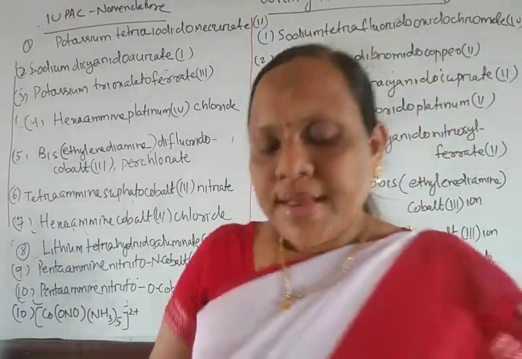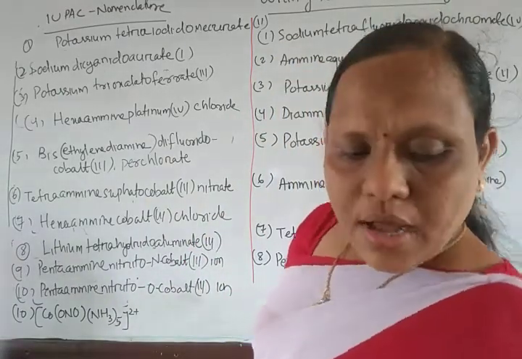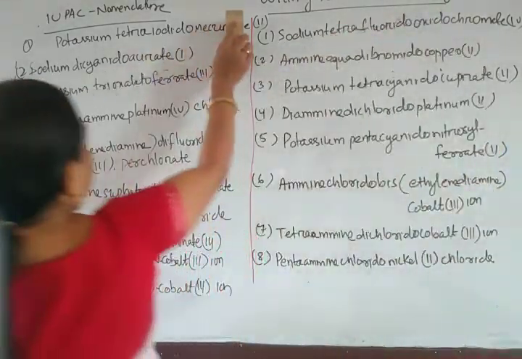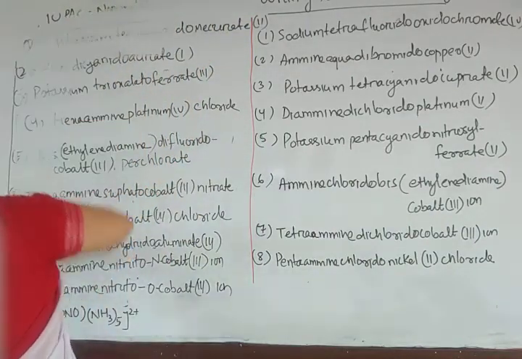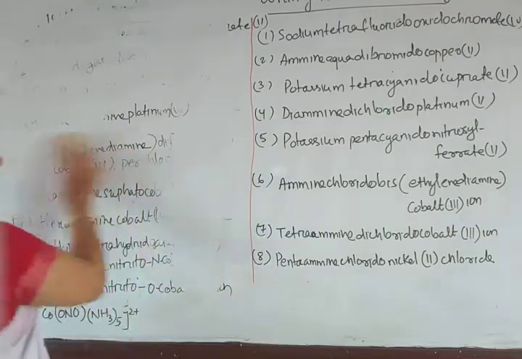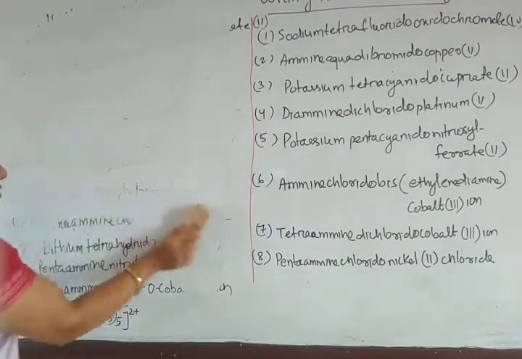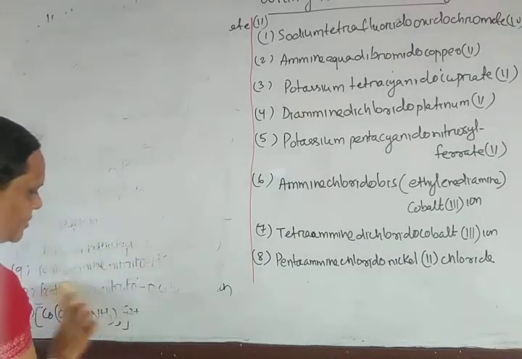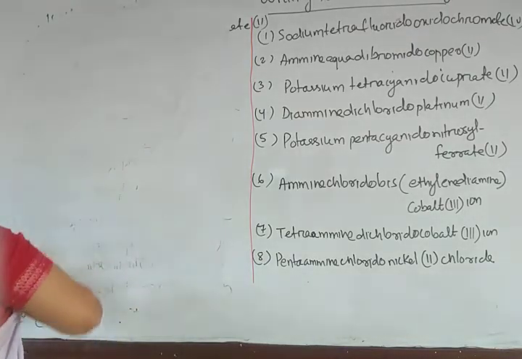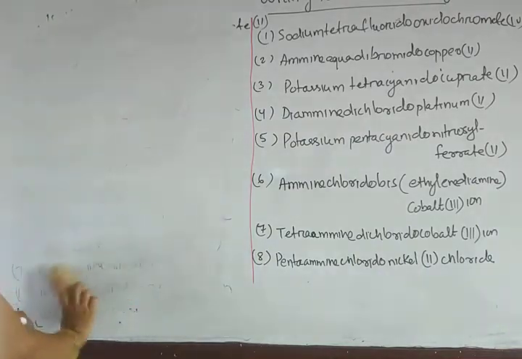Now next comes how to write the formula of these compounds. So names are given and how to write the formulas. If the formula is given, how to write the names, you know. Then if the names are given, how to write the formulas.